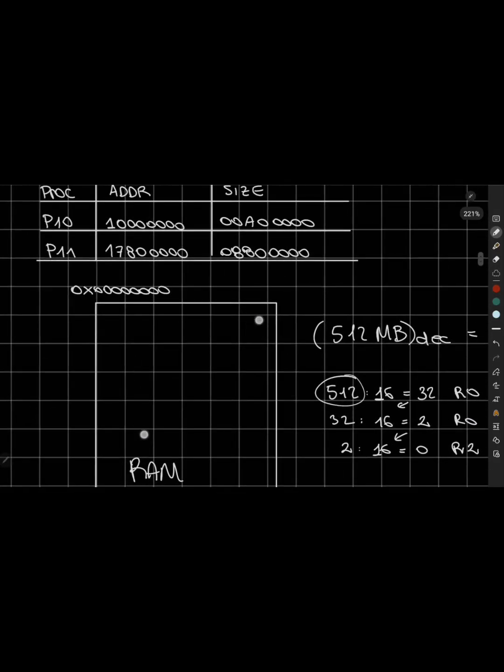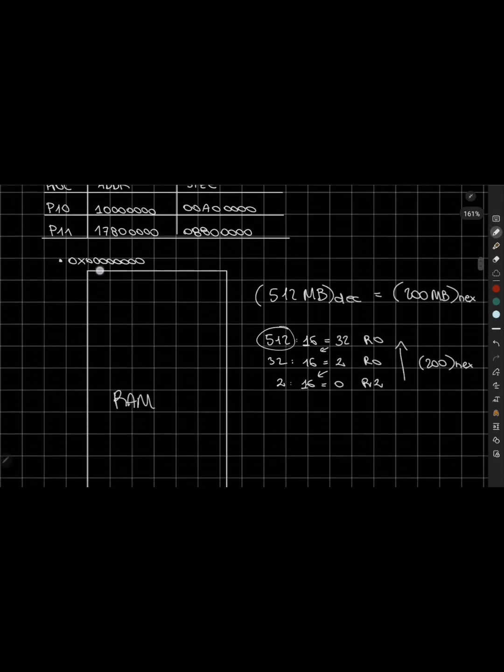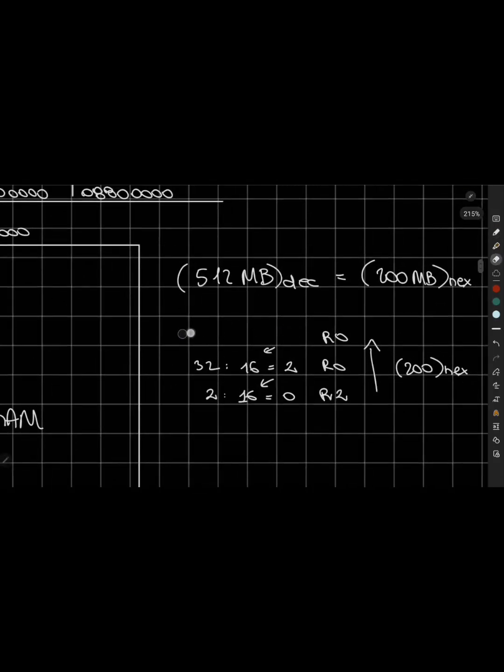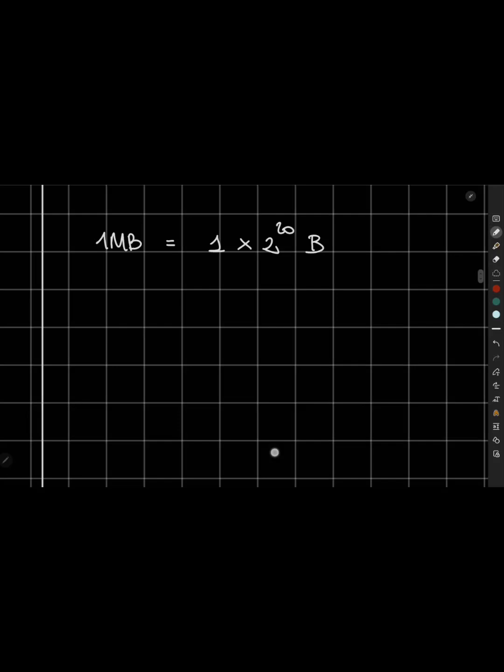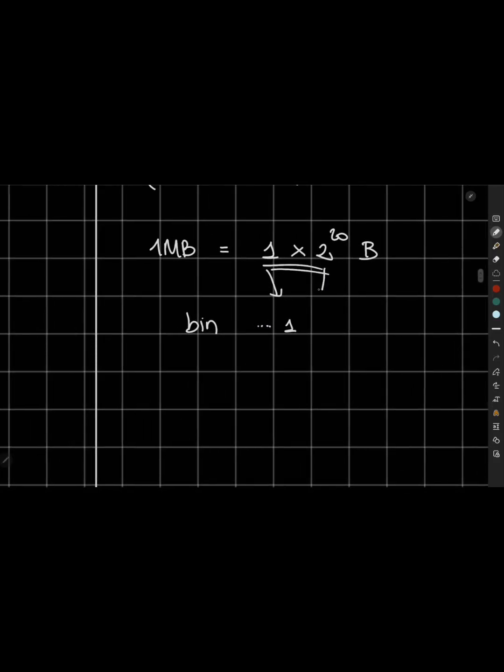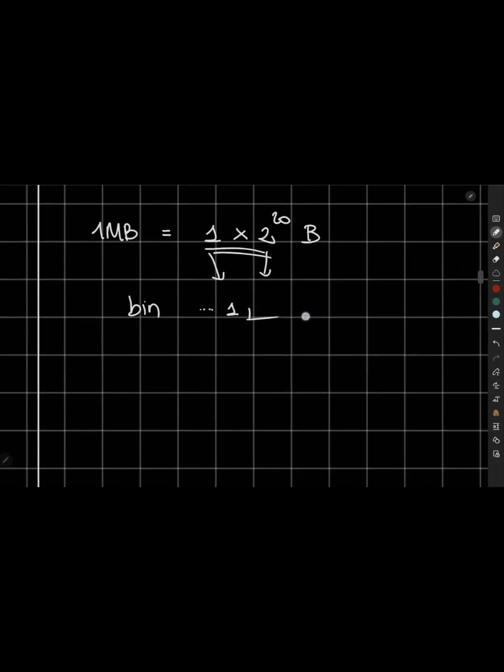Here we have 200 megabytes in hexadecimal. We would like the representation of the hexadecimal number as this one, and in order to do that, it is important to recall that 1 megabyte is 1 multiplied by 2 to the power of 20 bytes. In binary, this is a 1 followed by exactly 20 zeros. Why am I saying this?